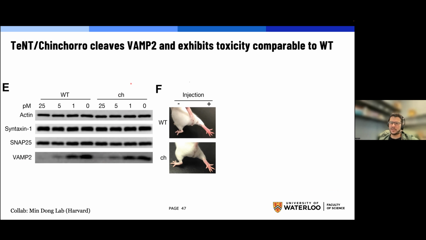But then this was also conducted on mice. Tetanus assays were done to look for evidence of paralysis in the mouse limb, and this is called a digit abduction assay. And again, the Chinchorro toxin showed the same phenotype as the wild type toxin.